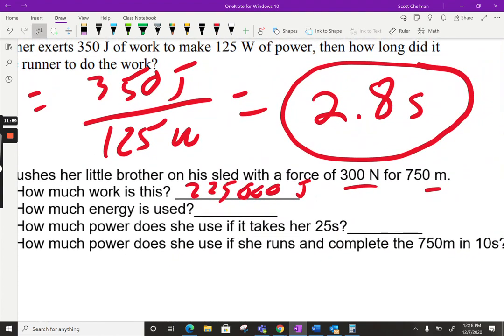Same thing. Because if there was work done, then there had to be somebody or something using the energy to do the work. So the work is going to be equal to the energy. It has to be, right? If you do work on anything, the energy has to be put into the system. Okay?